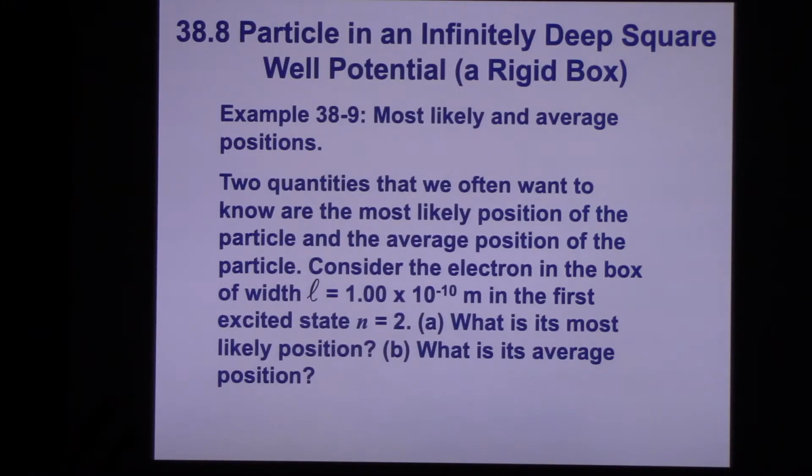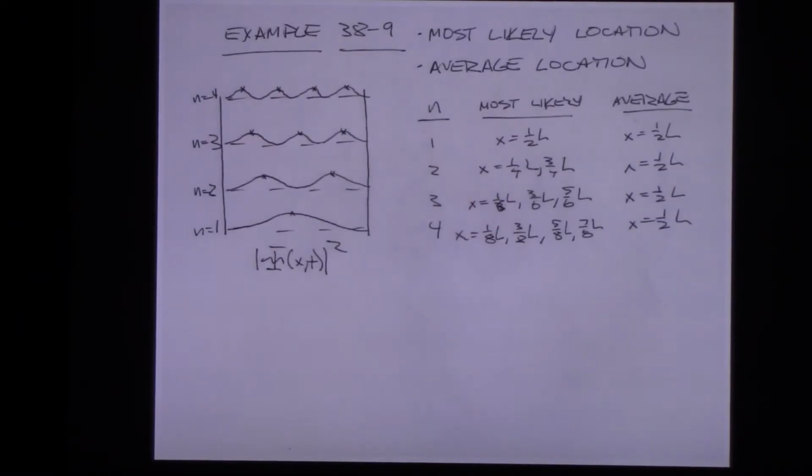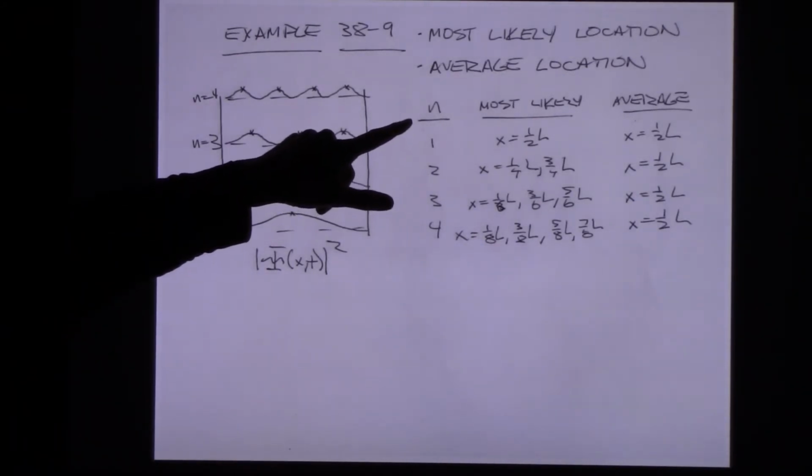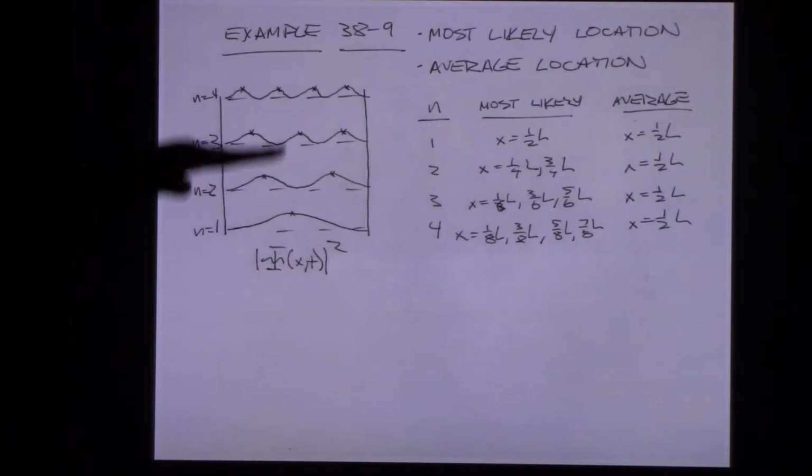Instead of just limiting ourselves to the ground state, we solved probabilities for everybody. We got a formula for that. Let's just do this for all possible wave functions. Here we go. Here are states n equals 1, 2, 3, 4. Here's what they look like.